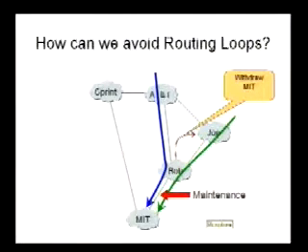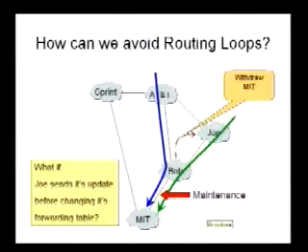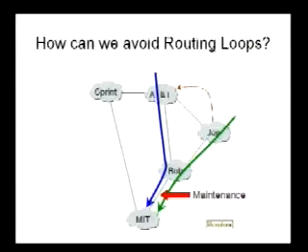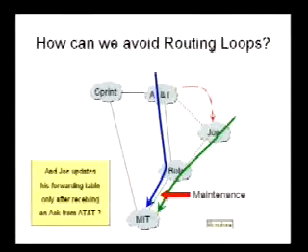In the meantime, Bob is going to send the withdrawal message to AT&T. And at the same time, Joe is sending his withdrawal message on to AT&T, even though he's still routing through Bob. AT&T will acknowledge that message, indicating that it has processed the update and has already integrated it at the control level.